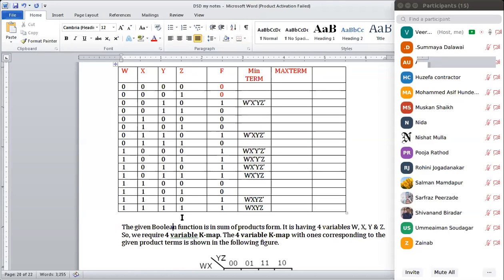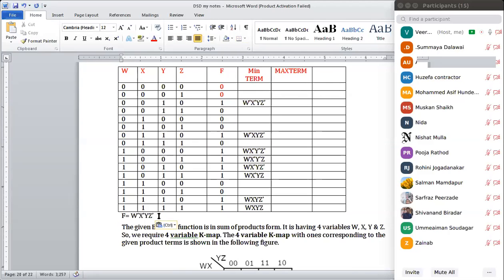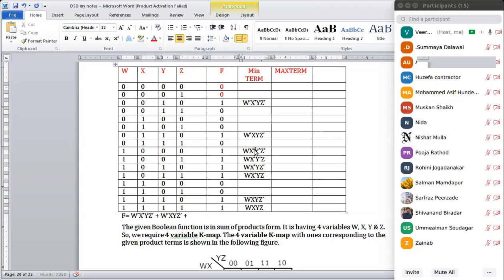How do I have to write this? Now F equal to this one plus this one plus this one.